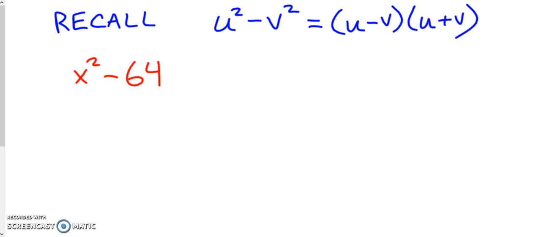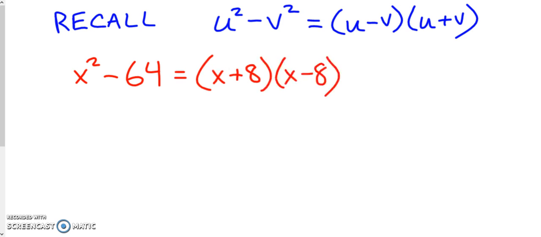Notice that x squared is x squared, and 64 is 8 squared. So this would factor into x plus 8 and x minus 8. Notice that the minus and the plus, it doesn't matter what order they go in. You can put the plus first, you can put the minus first, you can mix it up depending on what kind of day you're having. It really doesn't matter.